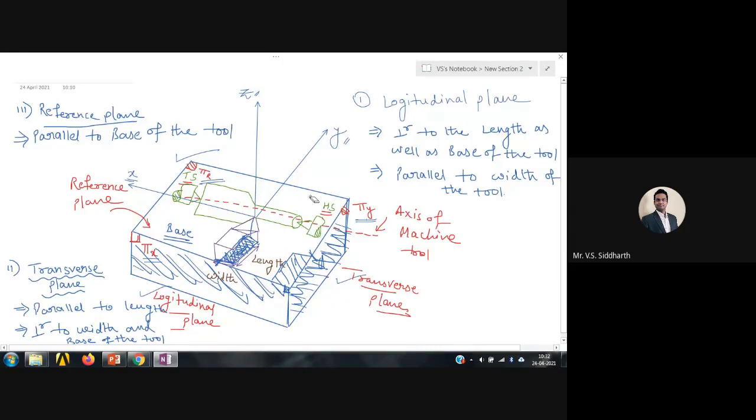Up to this point, anyone having any doubt? See, I'm trying to teach in little depth. Is it okay? Or do you just want me to teach up to the syllabus and leave? Because if I'm trying to go to some depth, are you facing difficulties in understanding? Let me know. Be frank.